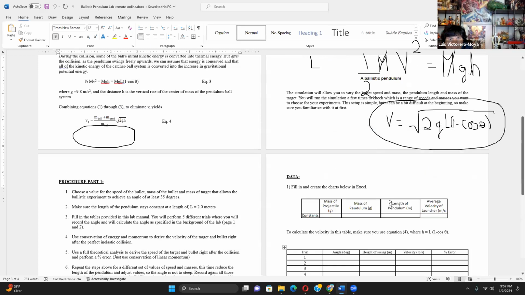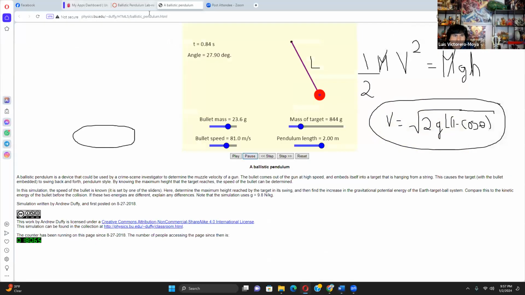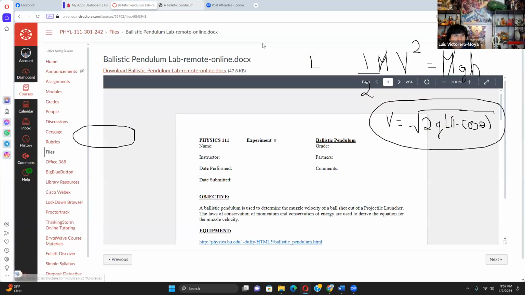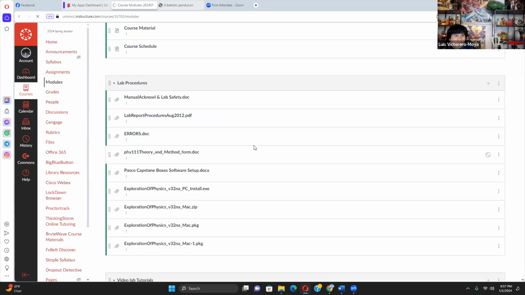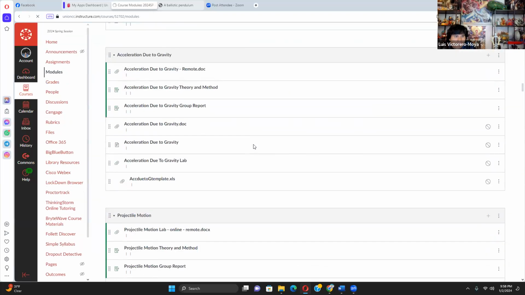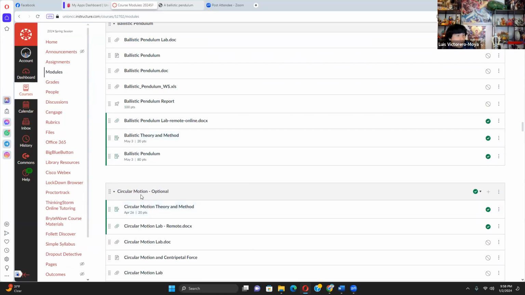All right, guys. So that's basically it for this lab. It's not very complicated. It's a good final lab. Remember that you can also do the circular motion lab. This semester I added it as an option. So if you go to modules, this is the last lab, but you have the circular motion.